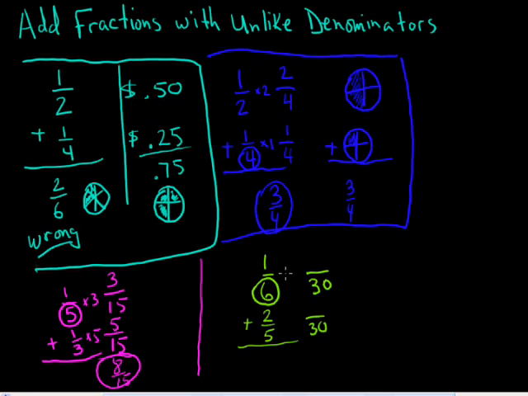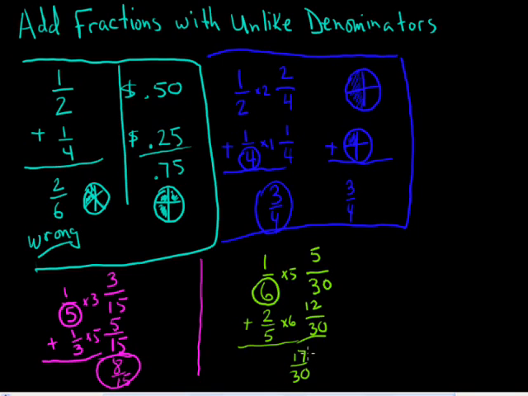Now we make our equivalent fractions. 6 times 5 is 30. 1 times 5 is 5. 5 times 6 is 30. 2 times 6 is 12. Well, I was wrong there. We're not going to be able to simplify this one as I look ahead, because 5/30 plus 12/30, we add our numerators, is 17/30.